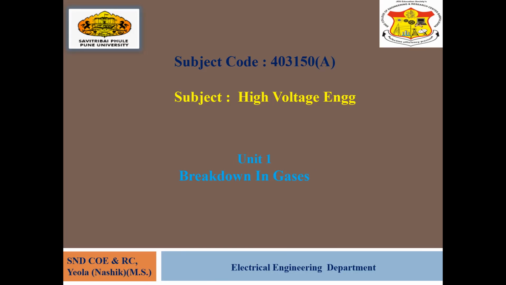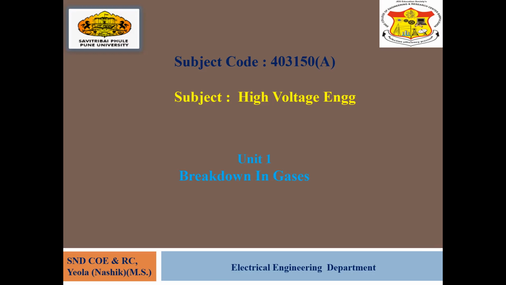So now we also see what is the Townsend theory and what is the Streamer's theory. Also, we have seen when the Townsend theory will be applied and when the Streamer's theory will be applied. Dear students, remember one point. P into D is less than 1000.